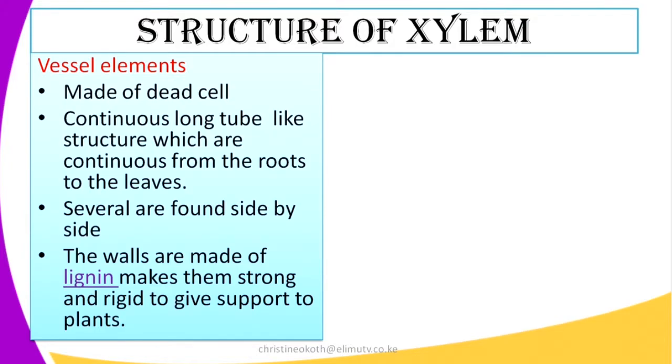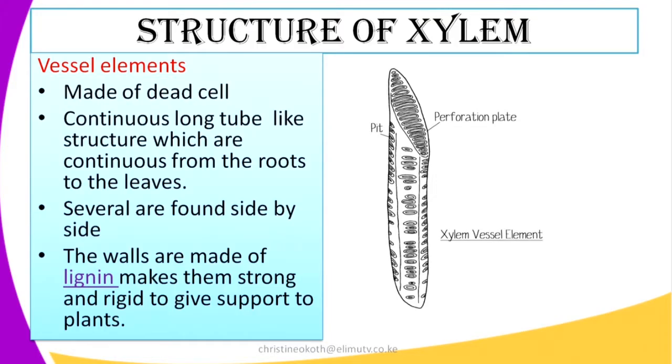Then there are several of them found side by side, just like the tracheids. The walls are also made of lignin, just the way the tracheids are. The main purpose of this lignin is that it makes them strong and rigid to give support to the plants.